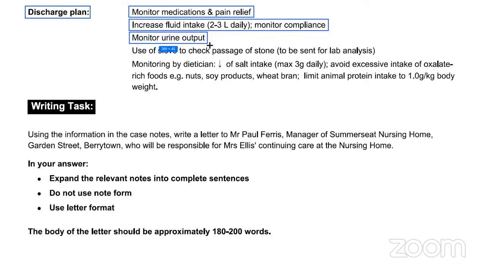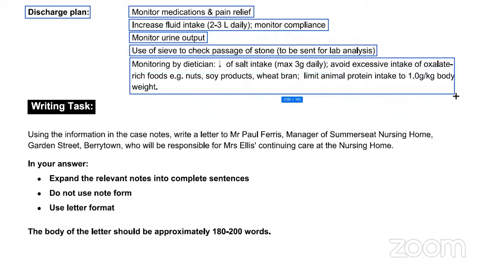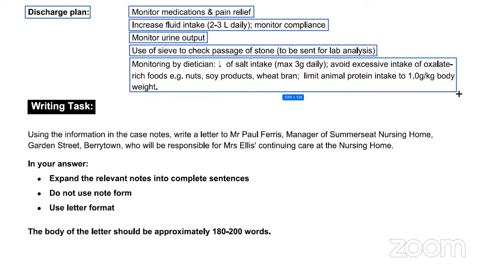Then monitor urine output. Then use of a sieve to check passage of stone, which should be sent to the lab for analysis. Monitor by dietitian. These are all dietitian points.